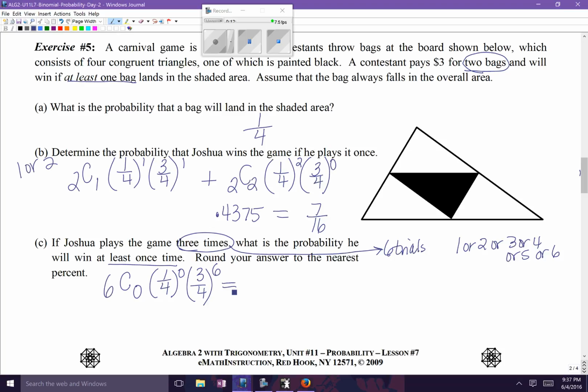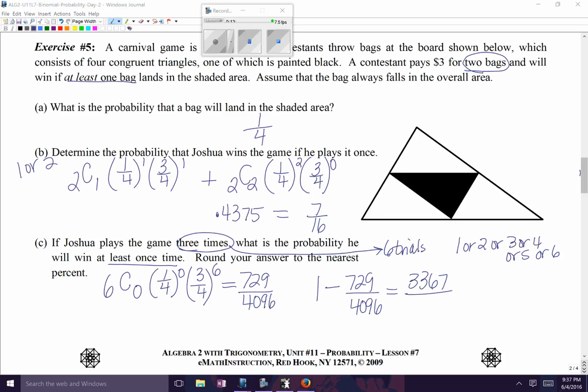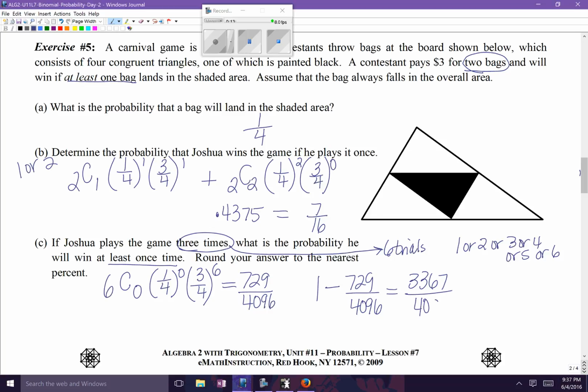When I calculate that probability, I have 729 divided by 4,096. And then I take 1 minus that value, which equals 3367 out of 4096.